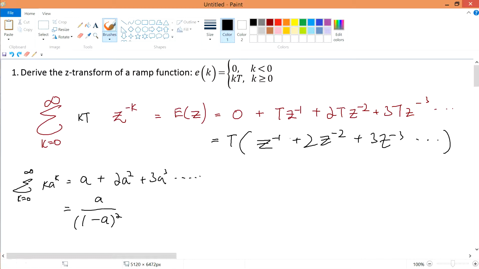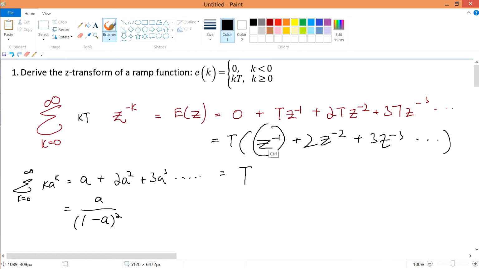So you can simply rewrite this thing. You can know that this is a, this is actually 2a squared, because this is a squared, and then this is something like a 3a cubed. You see, there's a geometry in there. So I can simply rewrite these terms as equals to T times the geometric series a over (1 minus a) squared.